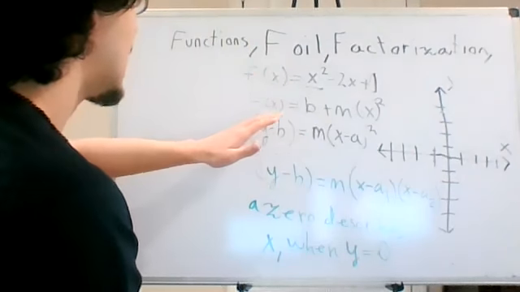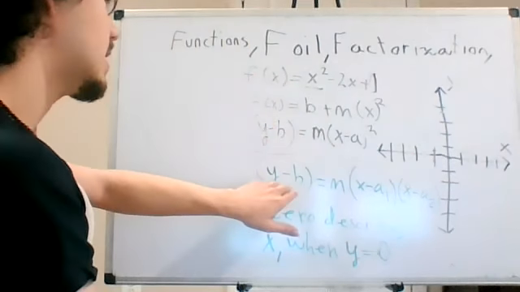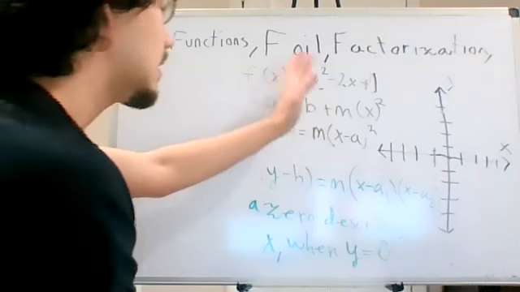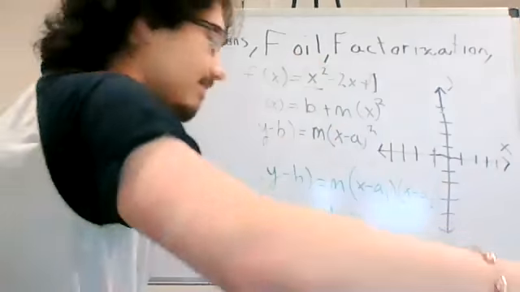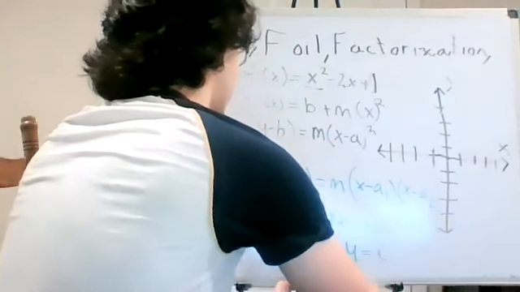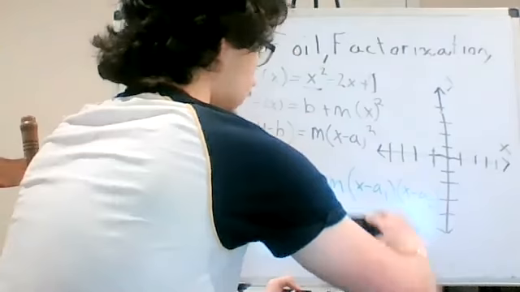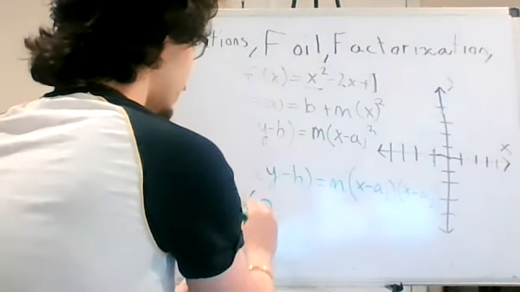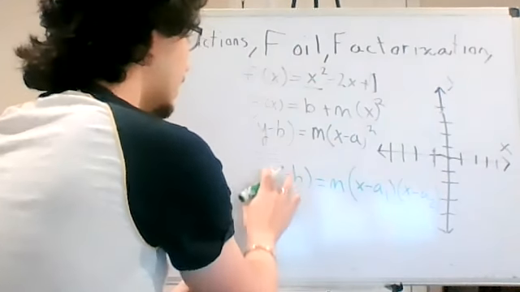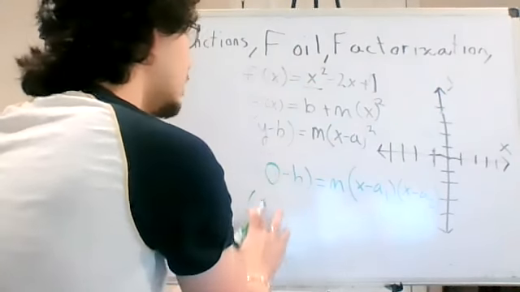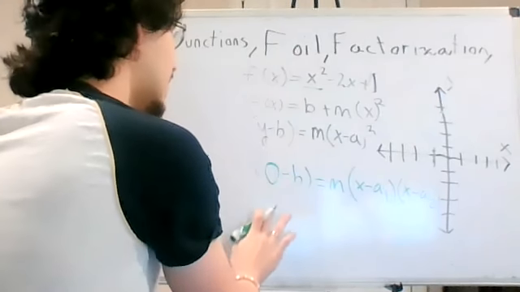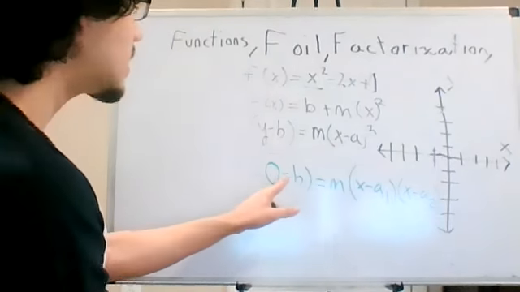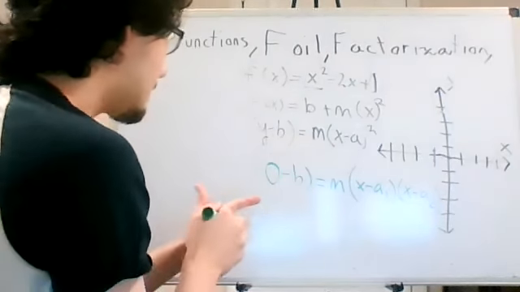What this means is that as we have it here, y minus b equals m the x squared and such, we would be left with 0 minus b equals m and all of that. So that means we're stuck with a negative b on this side.